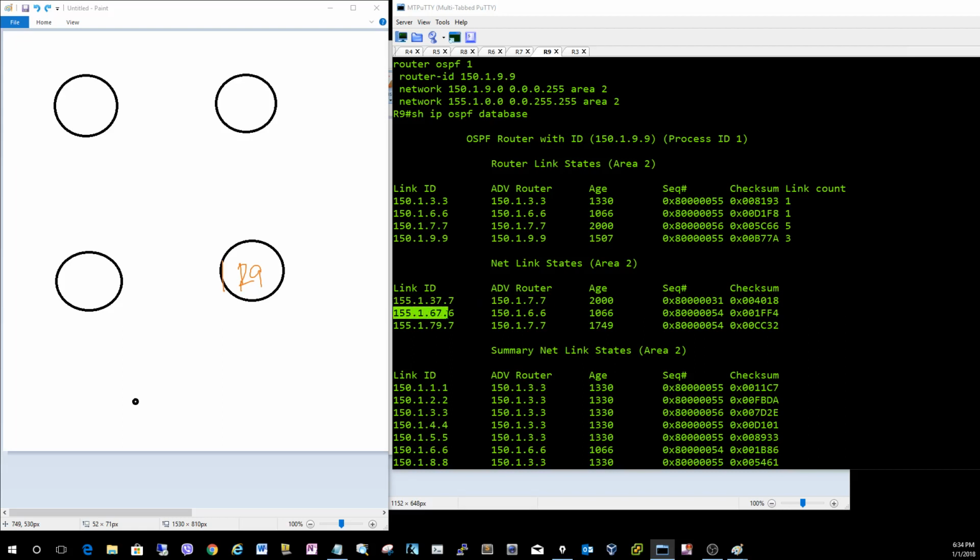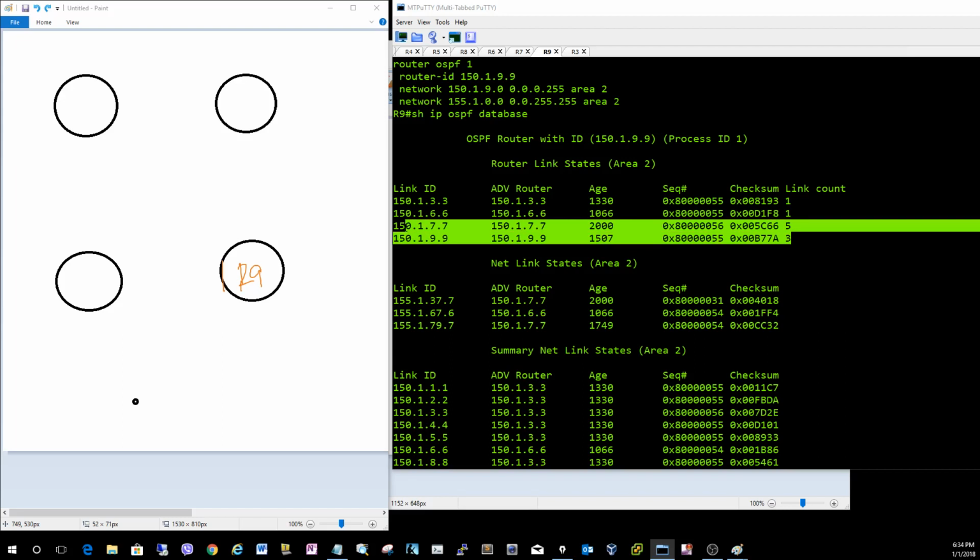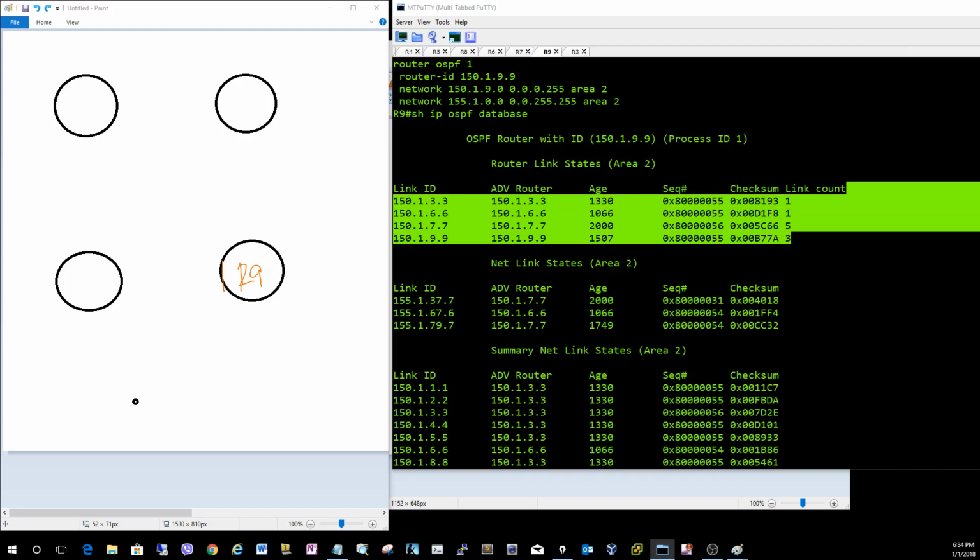You also have 155.67.6, which is the link IP, and it's coming from this router ID, and so on and so forth. Looking at this, we've established that we have 4 routers, so we have 4 circles here representing the routers. Let's say this is router 3, router 6, router 7.